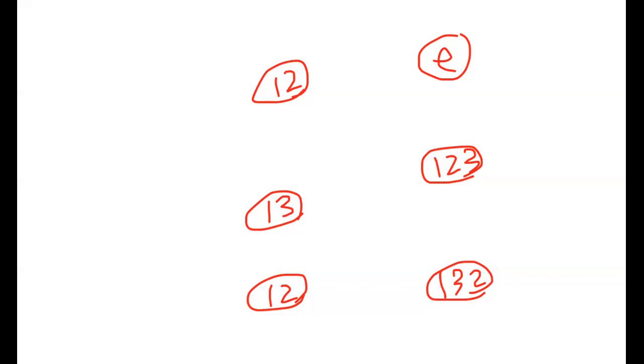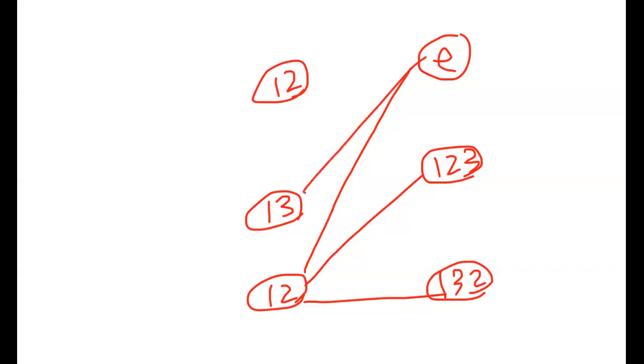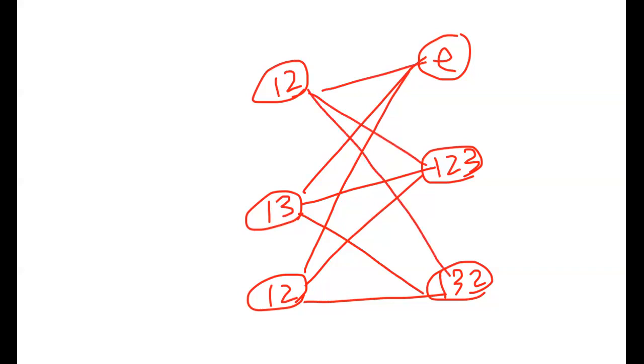What we see is that there are 3 edges going from each of these nodes on the left to the right, and 3 edges coming back from the right to each node on the left.